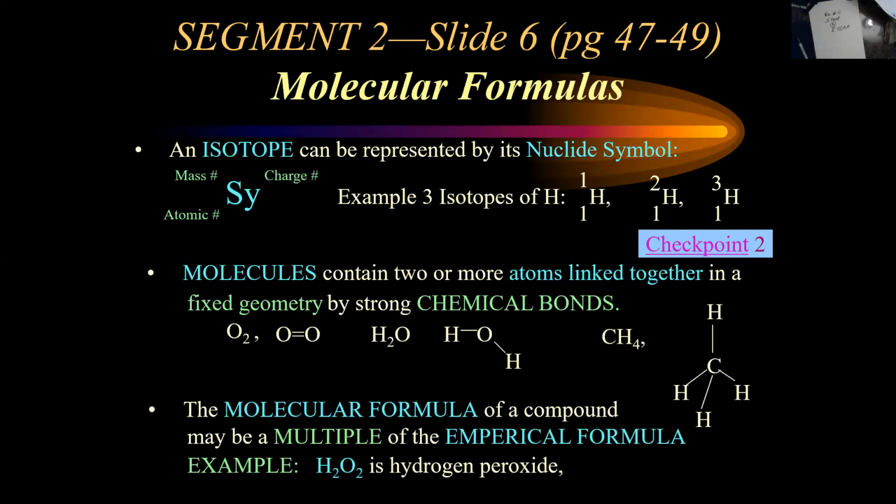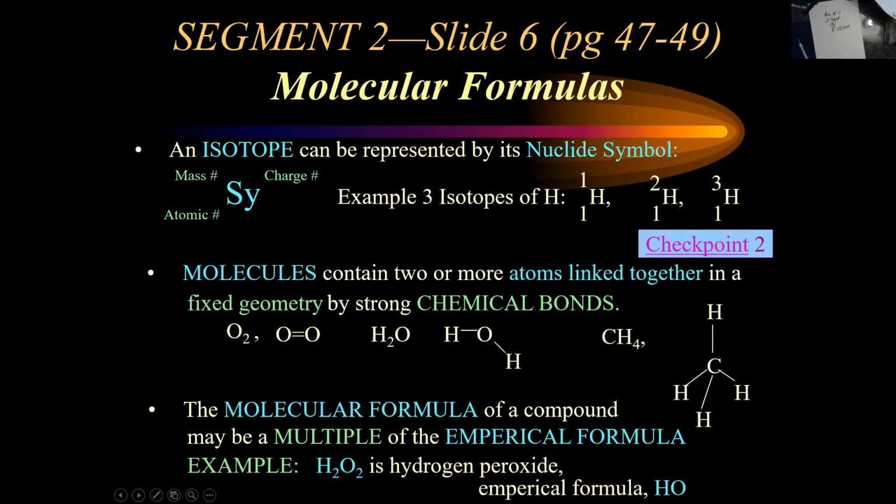And so it's shaped like that. It's like an open book with one of the hydrogens on one page, the other hydrogen on the other page, and the two oxygens in the crease in the middle. And that's what it looks like.